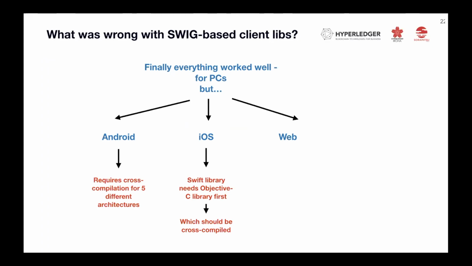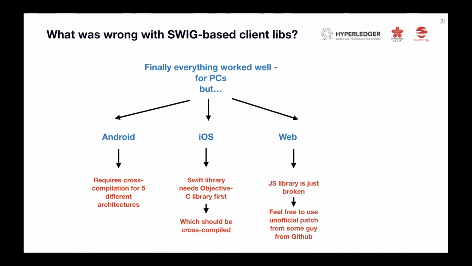For web, it was maybe even worse, because the JavaScript library was just completely broken. It just didn't work. But we found a community fix from some guy on GitHub. Many thanks to him.